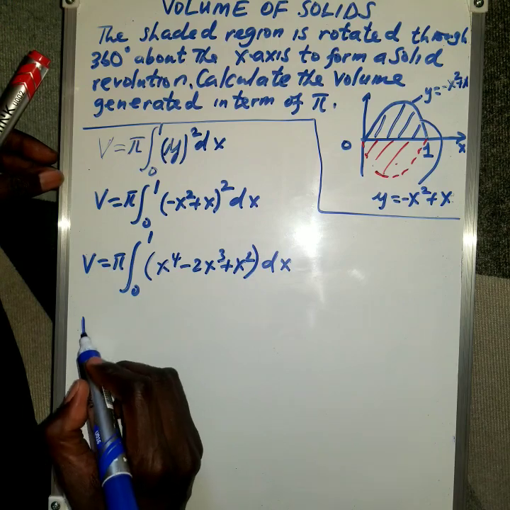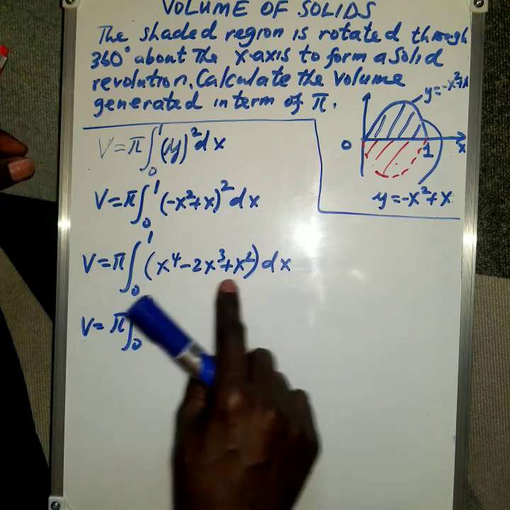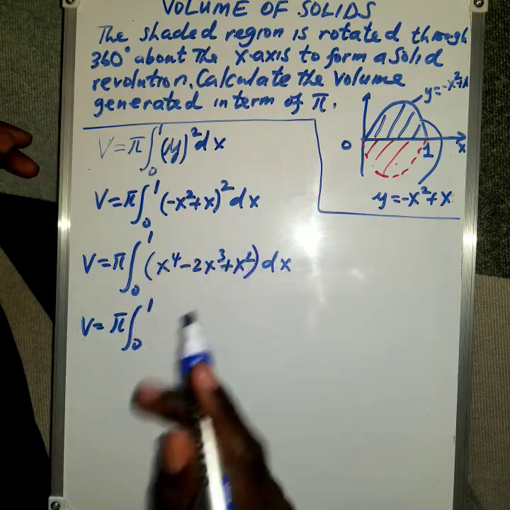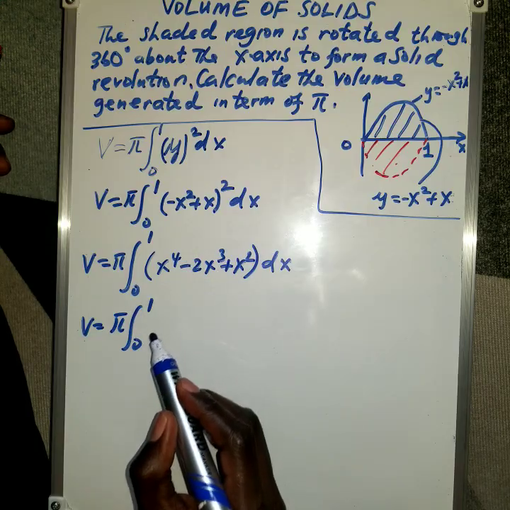All right, from this point you just need to integrate that. You integrate each term independently. For example, for this one you add 1 to the power, then you divide by the new power.